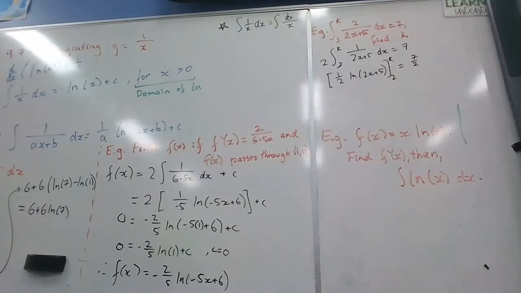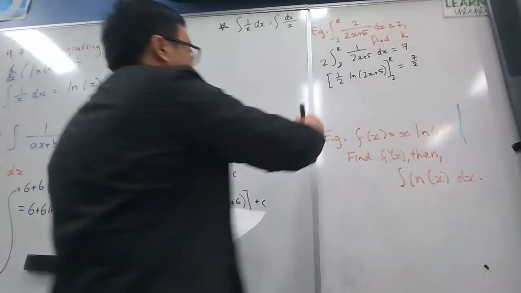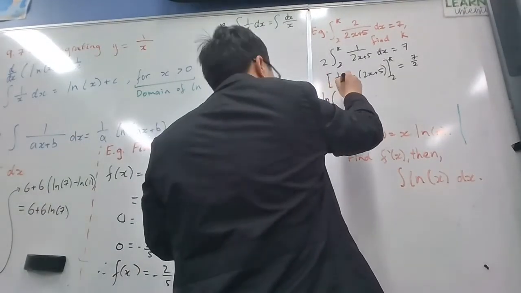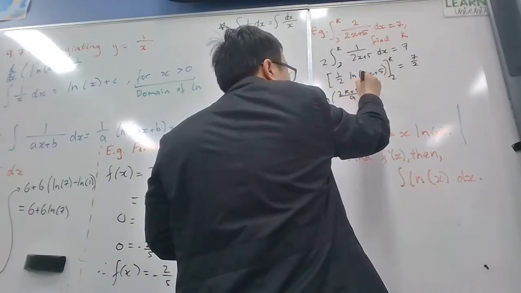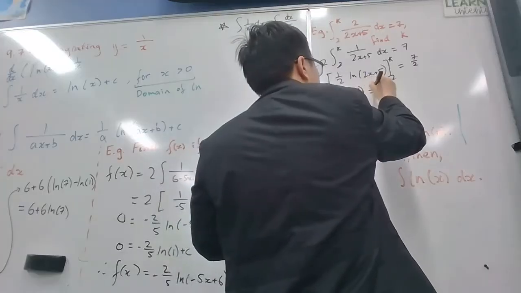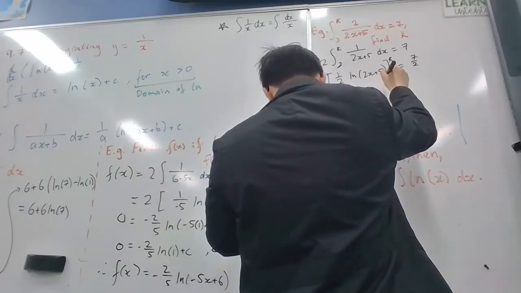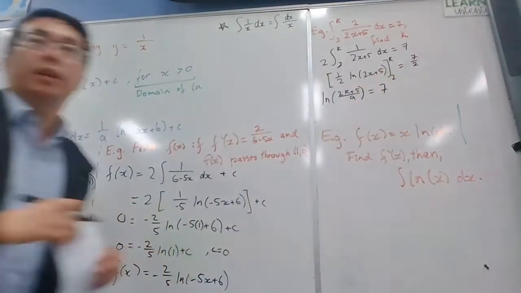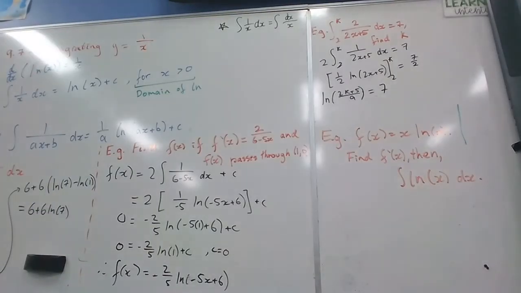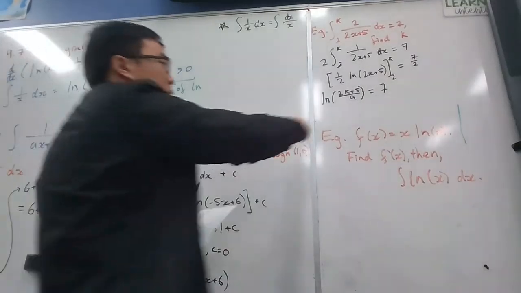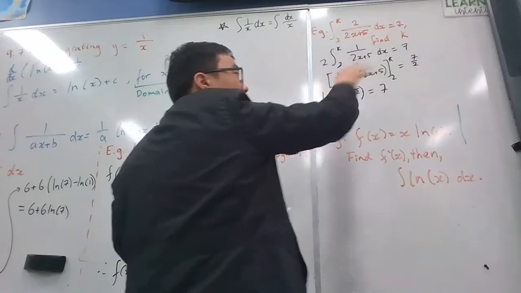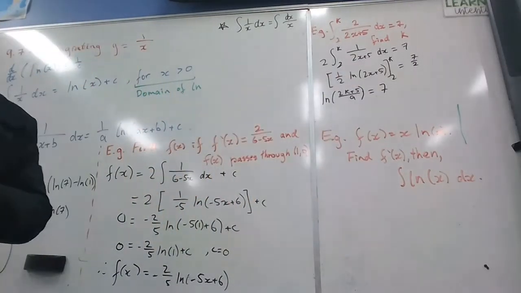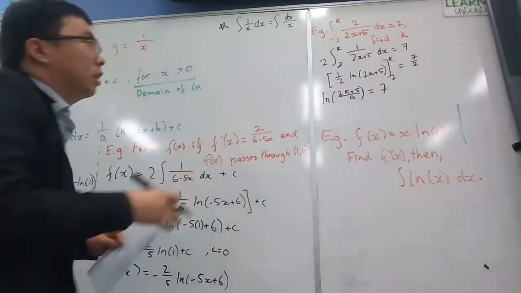Now I'm not going to go through every step, but you end up with ln of 2k plus 5 over 9 equals, so we get to that stage. Just to be clear, when you substitute your k, subtract your 2, I just factorize the 2 out and then multiply both sides by 2, which is why it's not 7 over 2 anymore. But you can't leave your answer like that. You need to find k.